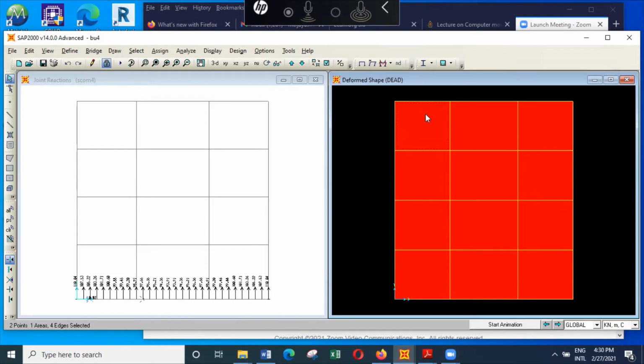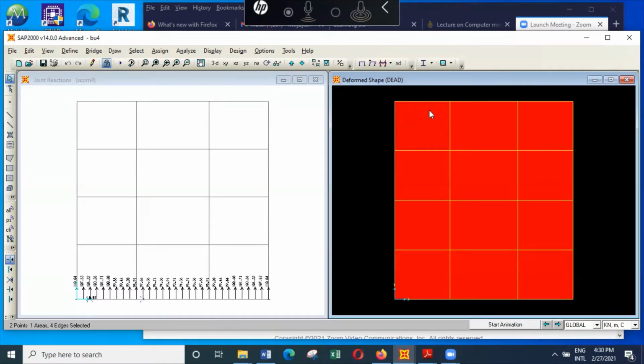So if you are going to apply the load on the slab, then you have to mesh the slab to say 0.5 meter or something similar. And then you also have to make sure these beams are divided at those locations so that the slab is connected to the beam.